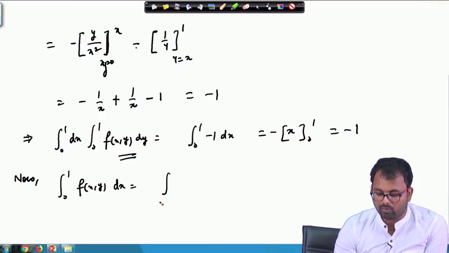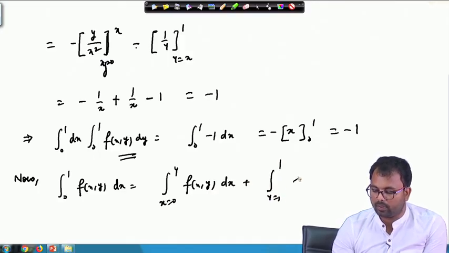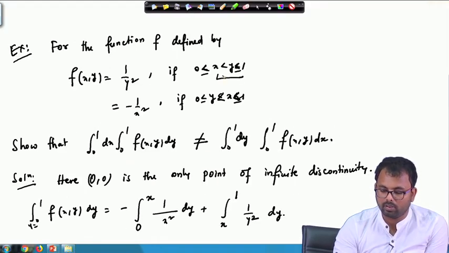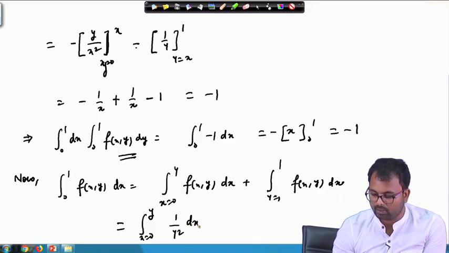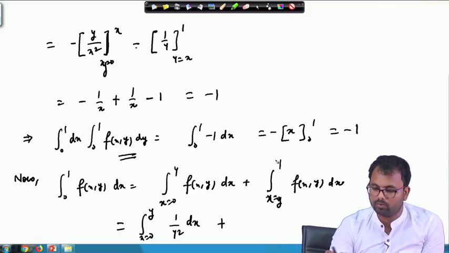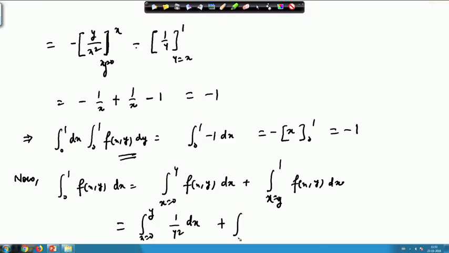I can again write integral with x running from 0 to y of f(x,y) dx plus integral from y to 1 of f(x,y) dx. For x running from 0 to y, we will have 1 by y square dx, and then x is running from y to 1, where this will be minus 1 by x square dx.